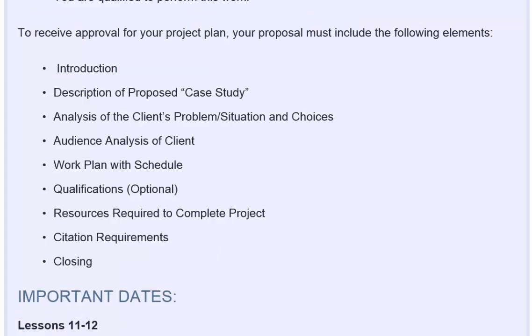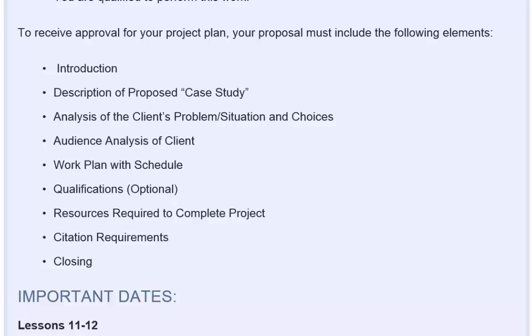Your instructor cannot approve your proposal unless you demonstrate that you have made appropriate and sufficient plans for your recommendation report project. In order to do that, you need to include some very specific components in your proposal. You should begin, of course, with an introduction and then describe in detail the case study, in other words, the organization and the problem that that organization is having. You need to analyze the organization's problem and the solutions that you are comparing. You need to analyze the audience.